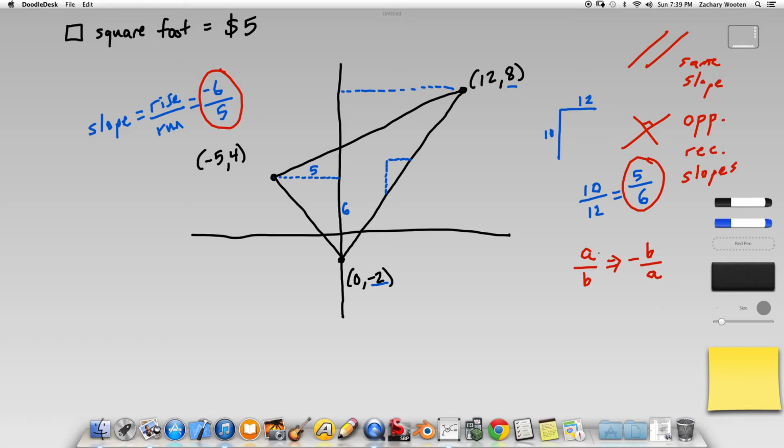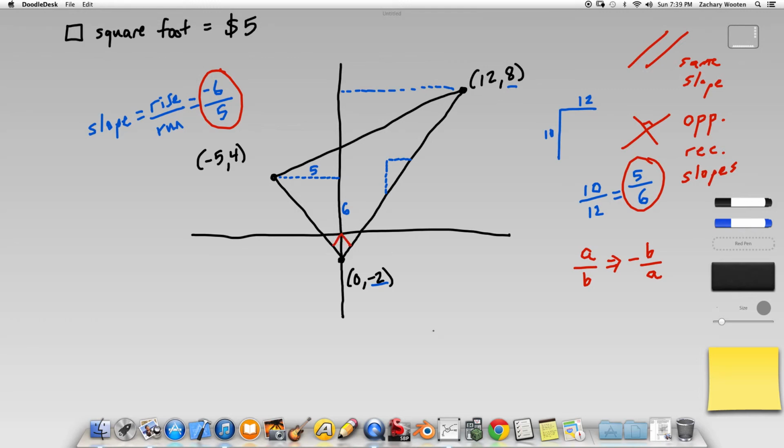In other words, you flip the fraction and change the sign. If it was positive, you make it negative. If it was negative, you make it positive. Here we had a negative, now this one's a positive, so that's where the opposite term comes in. And for reciprocals, this was 6 over 5, and this one's 5 over 6. If you can just show that the slopes are opposite reciprocals, that is enough to prove that this is a right angle.